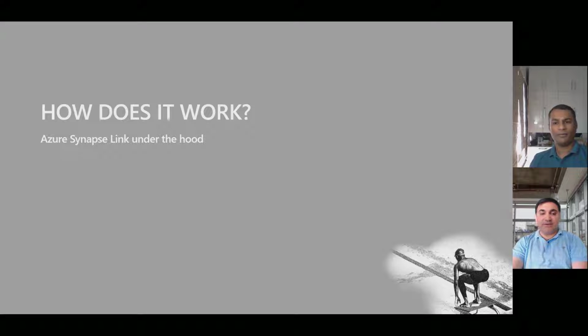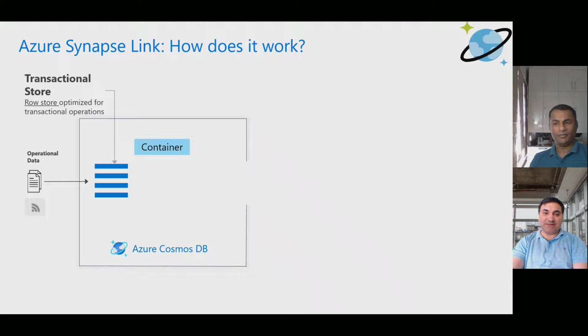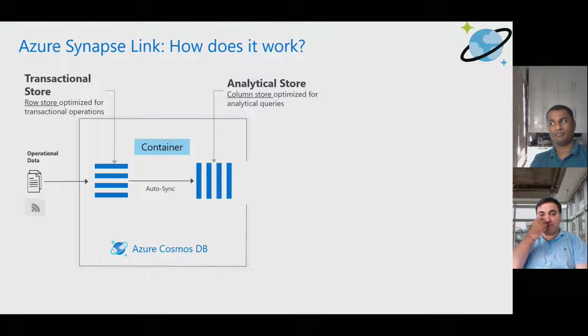Now, of course, you'll be wondering how it does the magic. So this is the existing setup: you have Cosmos DB with a transactional store, you are getting all the data stored in Cosmos DB, and you are able to perform your operational queries on top of it. Then this is the magic we have introduced under the hood of Synapse Link. The data you ingested into the transactional store is automatically moved to the analytical store, and you can see the direction changes.